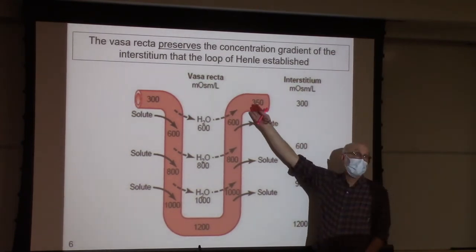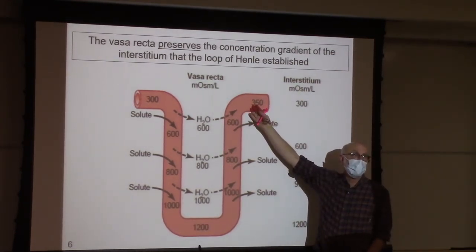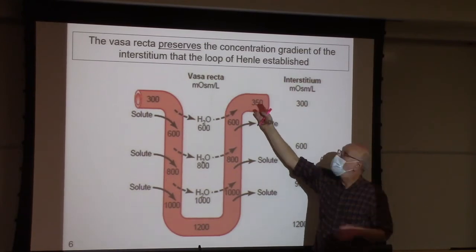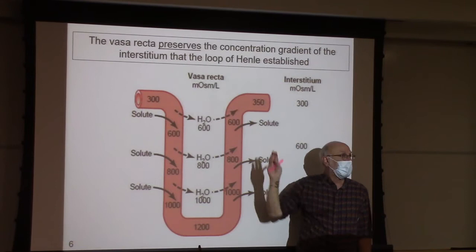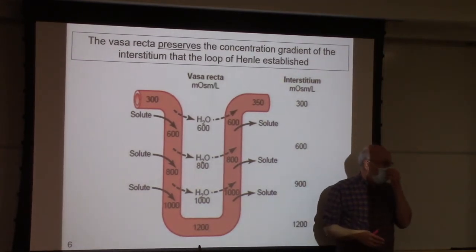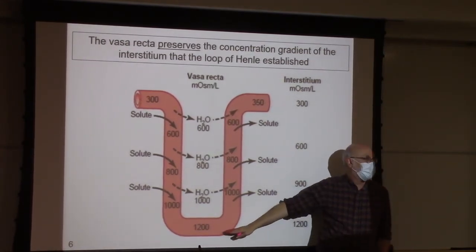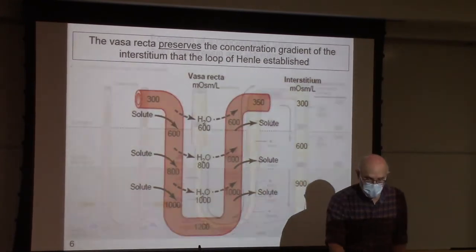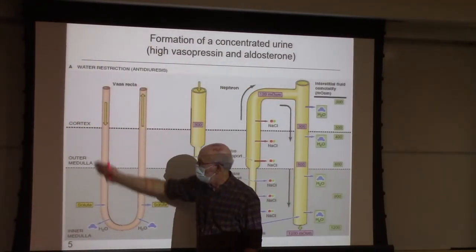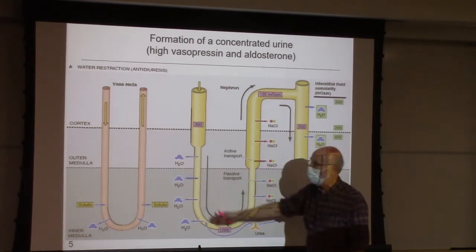Remember, we are trying to reabsorb solute. We do take some solute. We want to take out some solute. That's part of reabsorption. But we don't want to wash out the gradient too much. And that's why the blood flow parallels the urinary fluid flow.